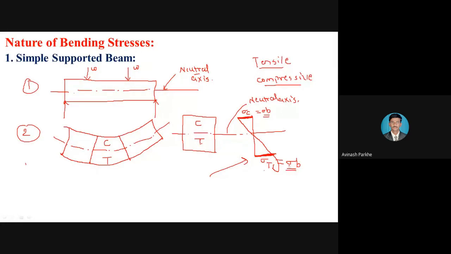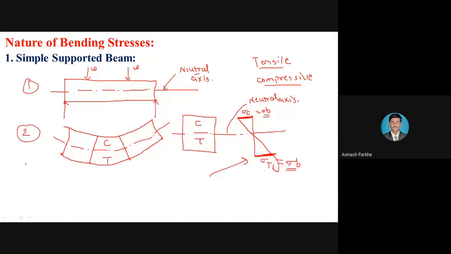Means from this particular stress distribution diagram, I can easily say that the bending stress is always maximum at the top portion as well as at the bottom portion, but it is totally zero at the center point or at the neutral axis.